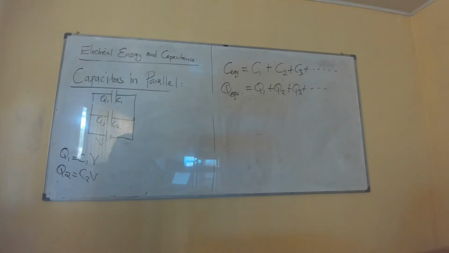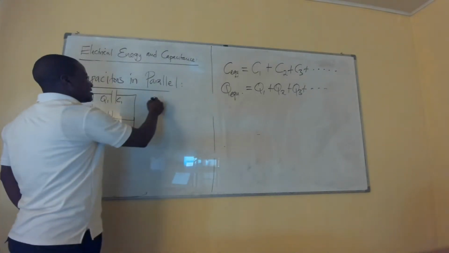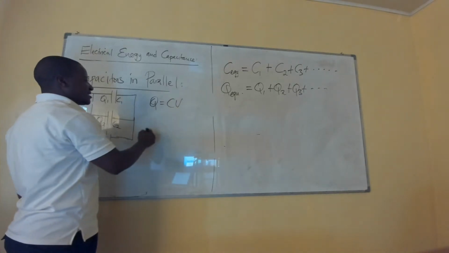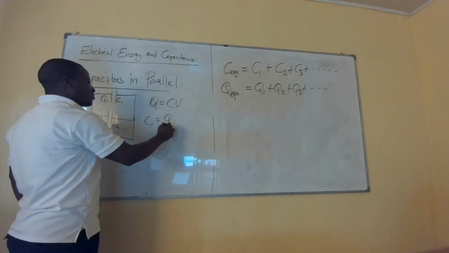Now, in order for us to find the total capacitance for these two, of course, this is the simplest that you can ever have. At times, you may be given 3 or 4 of them, so that you've been asked to find the total capacitance. So that is how you get the equivalent capacitance, putting in mind that this Q is nothing but CV, but C is Q over what?